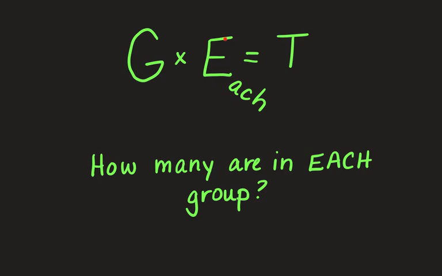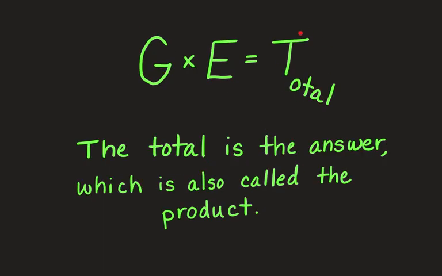The E stands for each. How many are in each group? And the T stands for total. The total is the answer, which is also called the product. So if you know the groups and the number in each group, you can find the total.